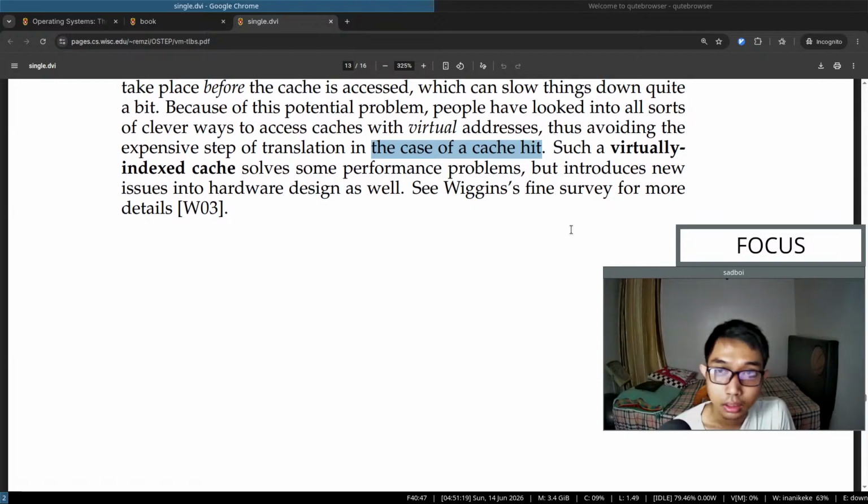Such a virtually indexed cache solves some performance problems, but introduces new issues into hardware design as well. See Wiggins' survey for more detail.